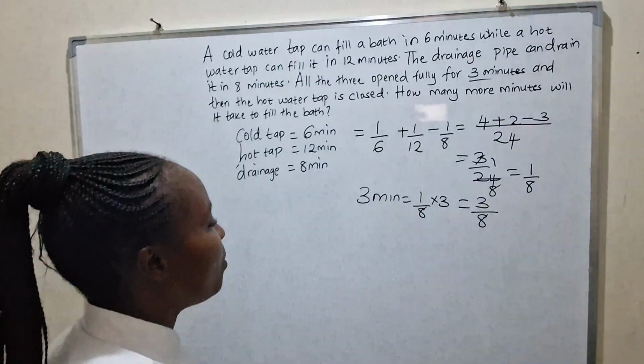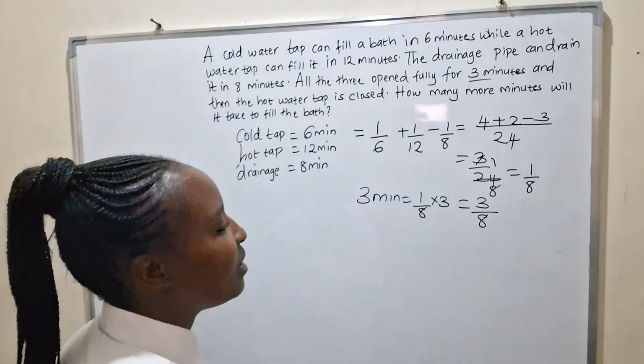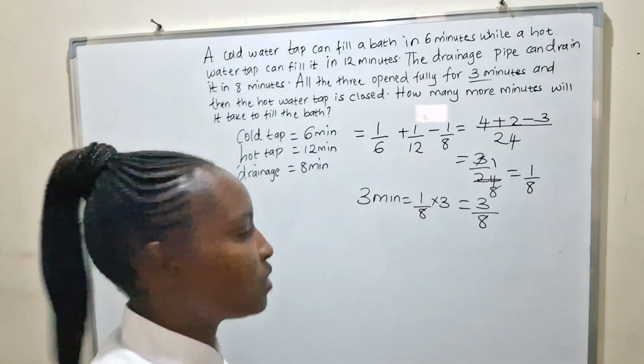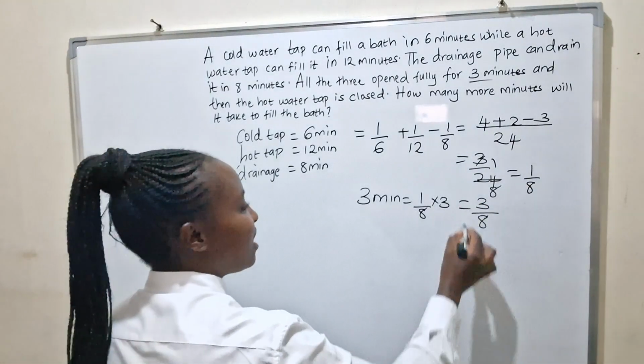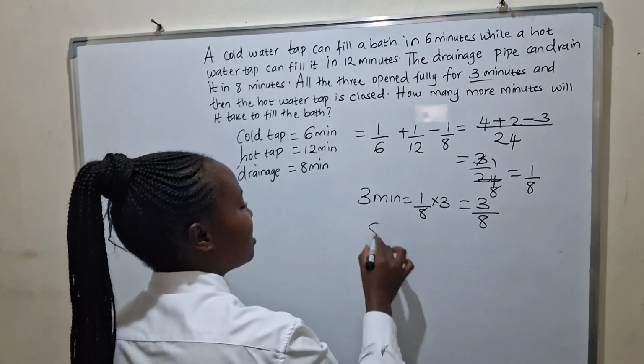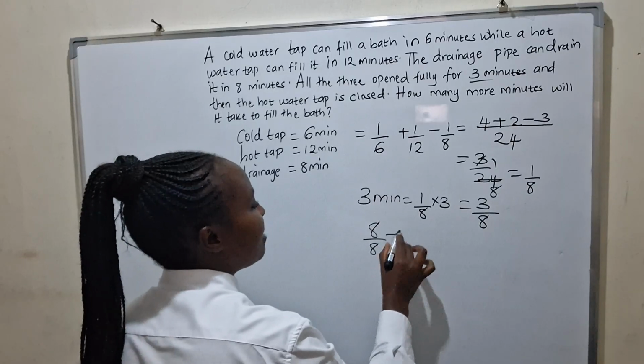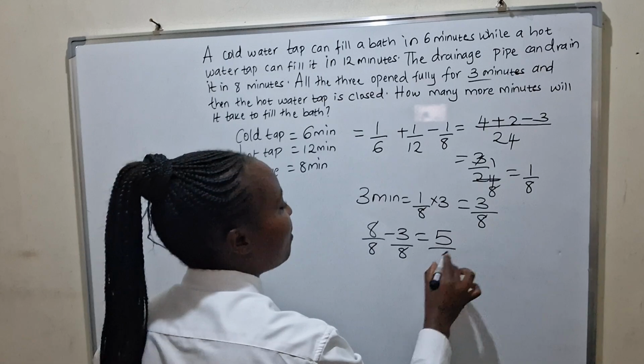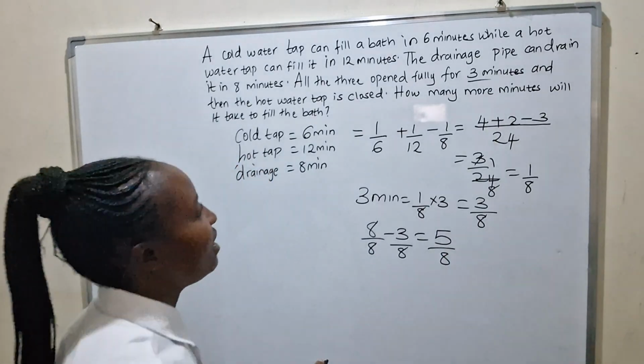This is the water it had. So what about when it's full? If it has 3/8, then when it's full, it's 8/8. You subtract 3/8 and you find that it needs 5/8 more water to be full.